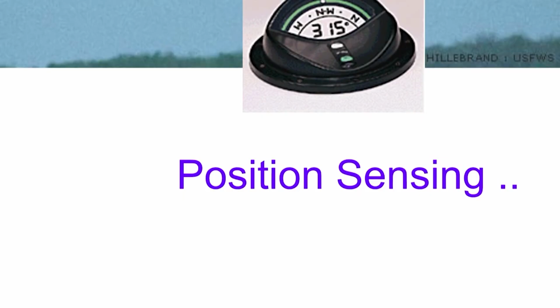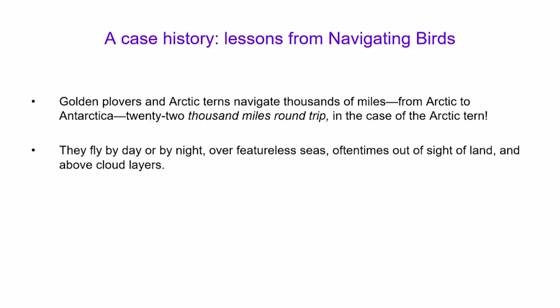Now, we will start with a 2 sensor application first, which is very simple, and that will be in terms of position sensing. Let us think of position sensing first from a bio-inspired point of view. Let us think of a case history of lessons from the navigating birds. 2 specific birds, golden plovers and Arctic terns, are known to navigate thousands of miles from the Arctic to almost Antarctica, a 20,000 mile round trip in the case of the Arctic tern, unbelievable.